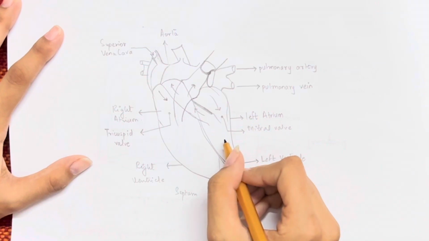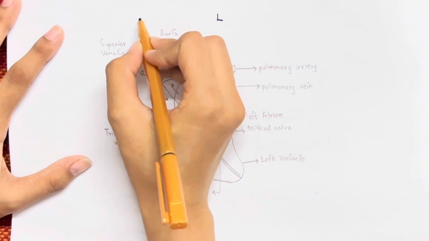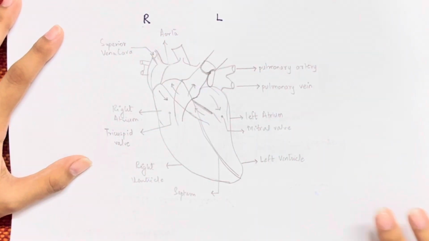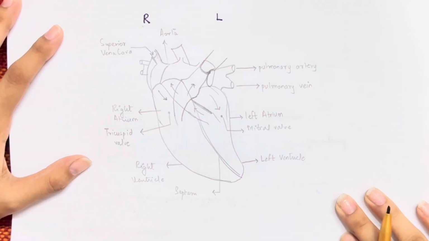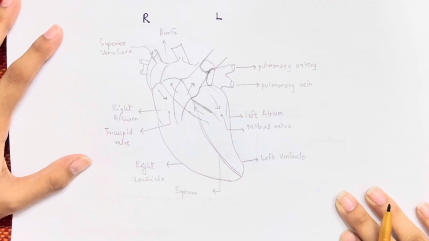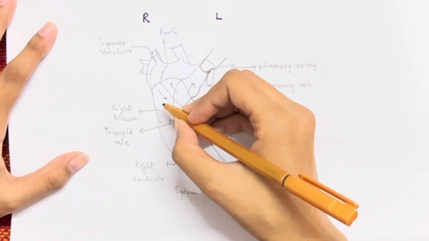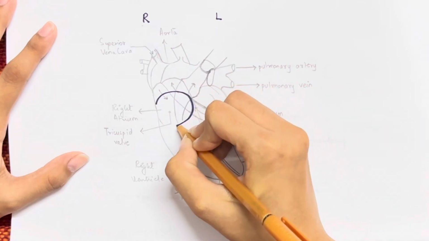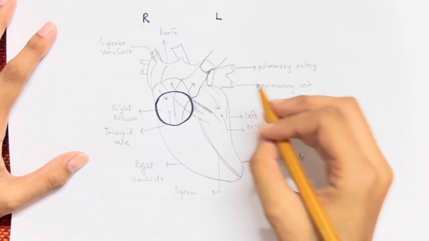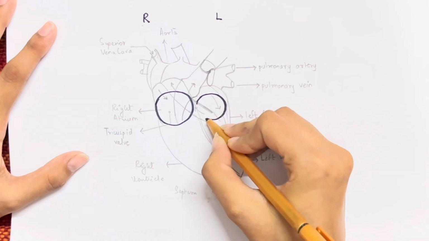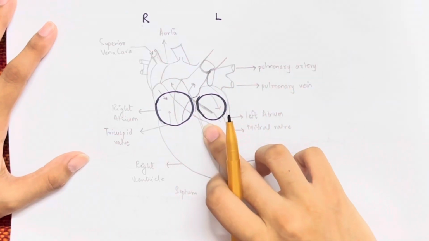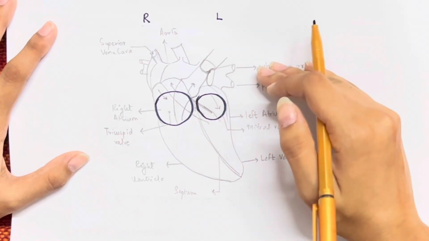This is the left side of the heart and this is the right side of the heart. Please do understand that the camera is virtual, so whatever is your right, please consider that as your right. So this is the right atrium where the blood enters, and this is the left atrium. The left and the right atrium are on the upper side of the heart.